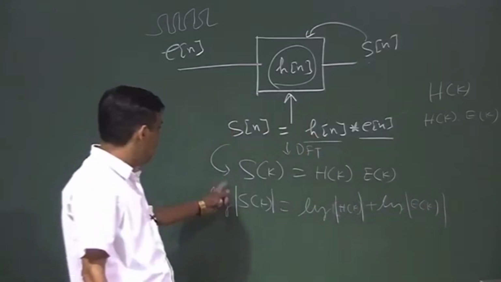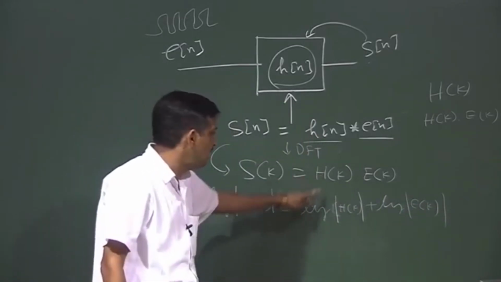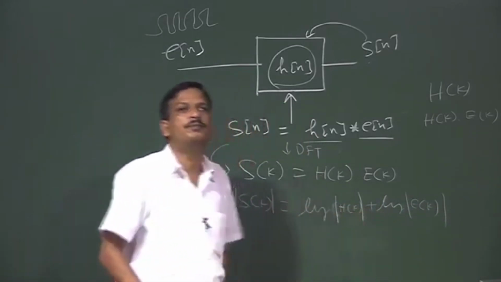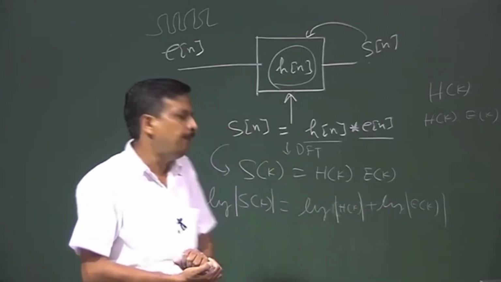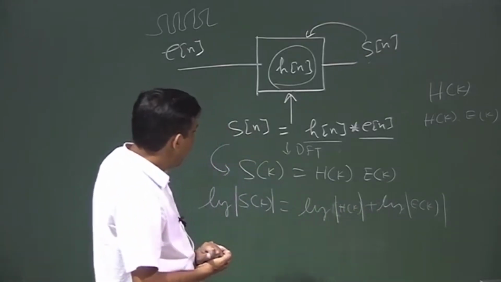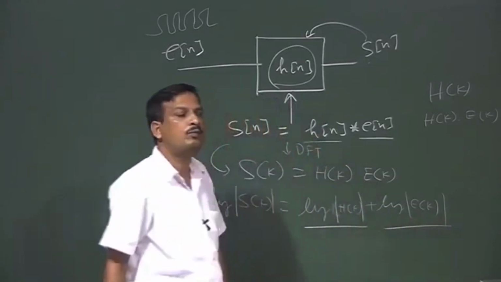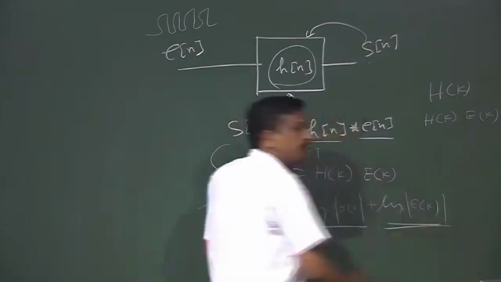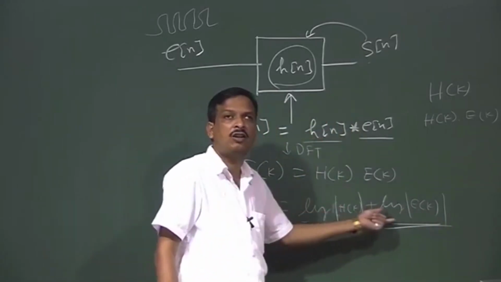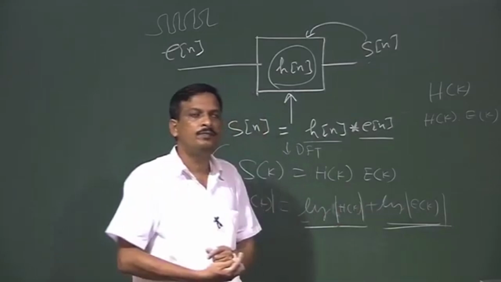So, in the log domain, the product becomes additive. If it is additive, can I separate H(k) from E(k), from the addition of log H(k) and log E(k)?